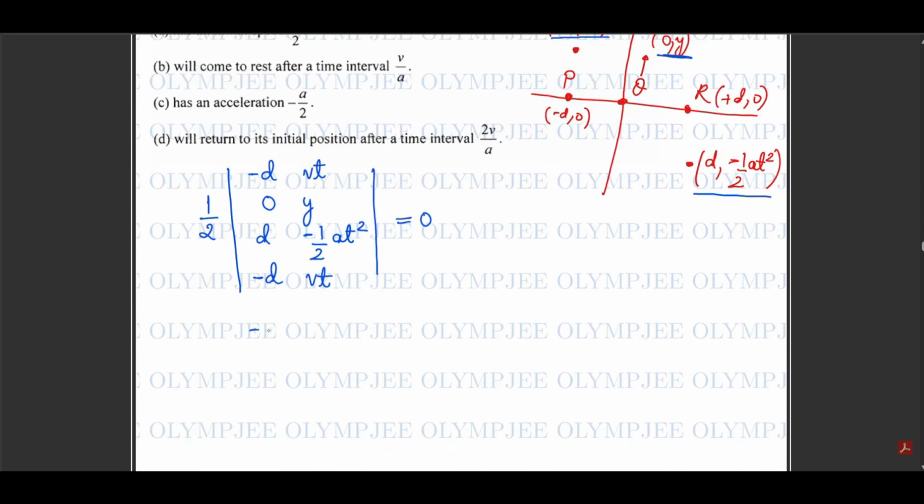So this gives us minus dy plus dvt minus of yd plus half dat square is equal to 0.